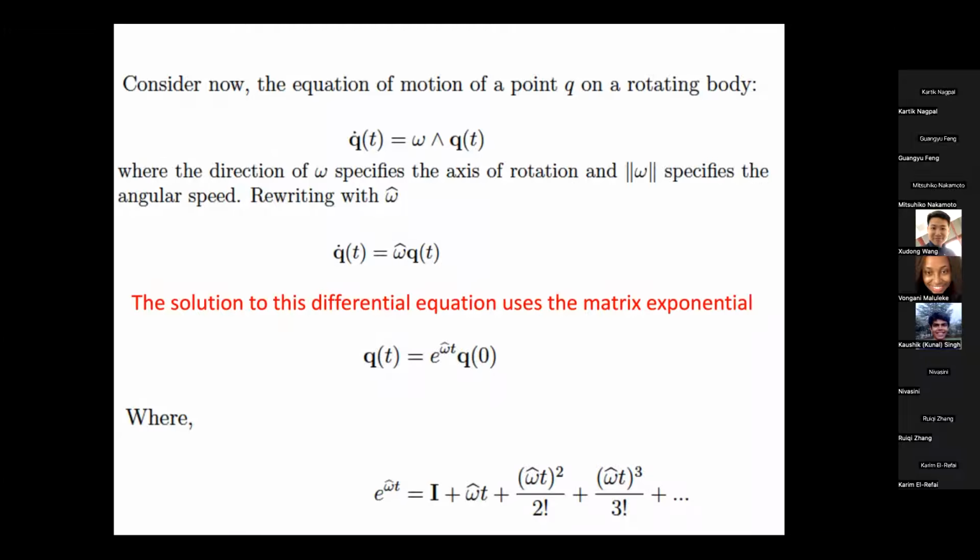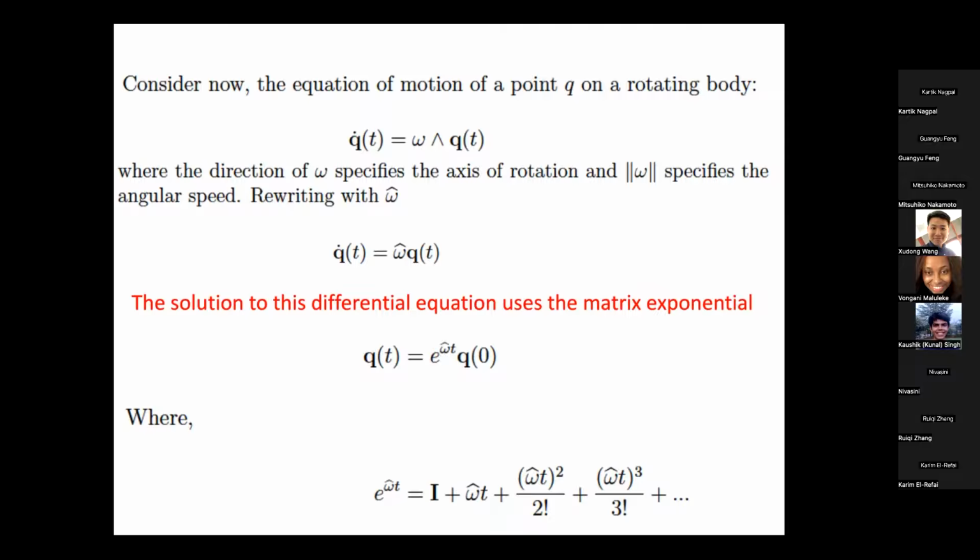The e to the omega hat t, where omega hat is a matrix, is exactly like that, but we are now dealing with matrices. So you get I. What is I? I is the identity matrix, the 3x3 identity matrix. What is this the equivalent of for when we had scalars? The number 1.